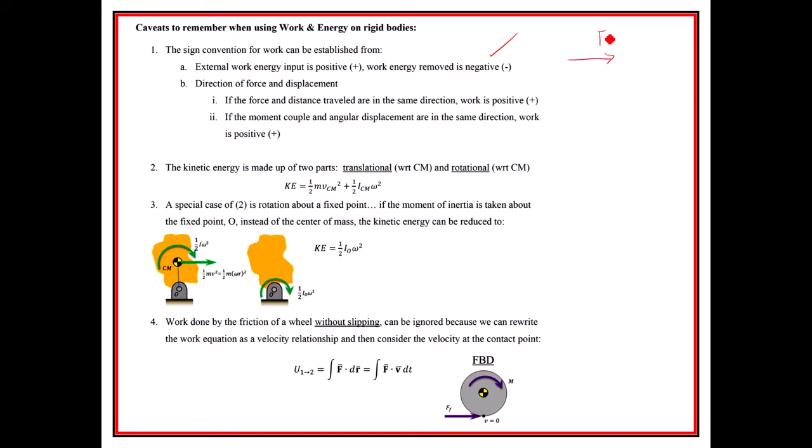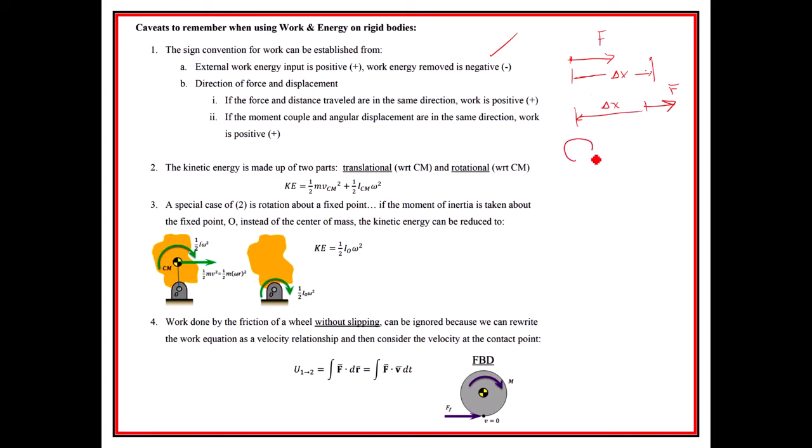Right, if the force is going this way and it goes from here to here, and so the delta x is in line and traveling in agreement, yes, that is positive. But if the force is going this way, but we've moved that way, that's going to be negative work, right? That is work removed from the system.